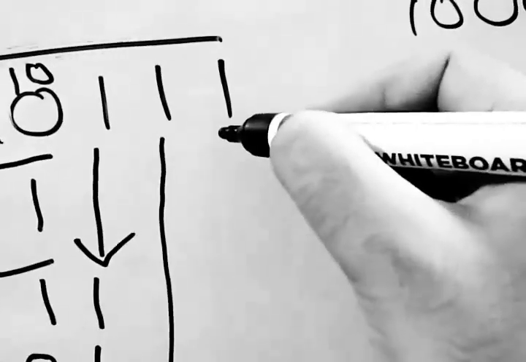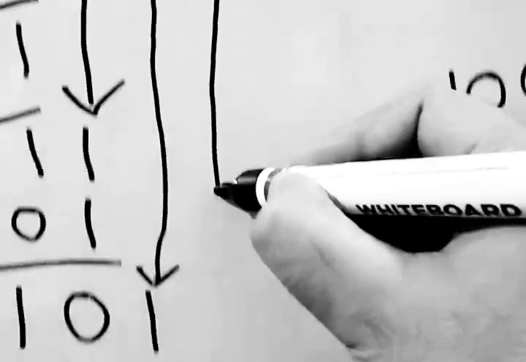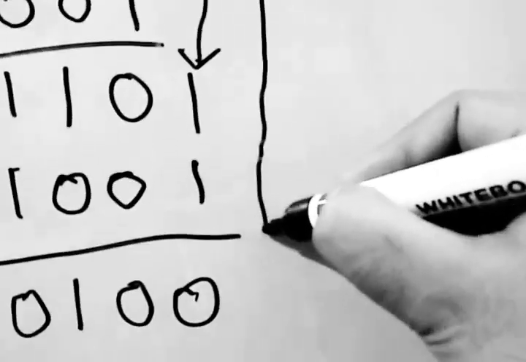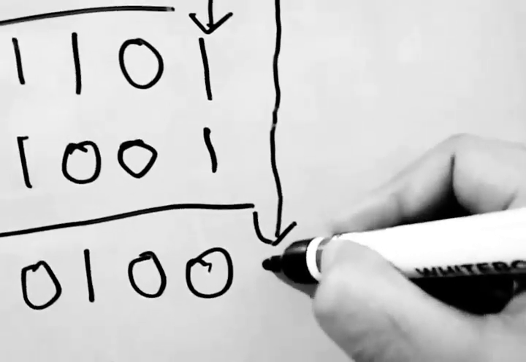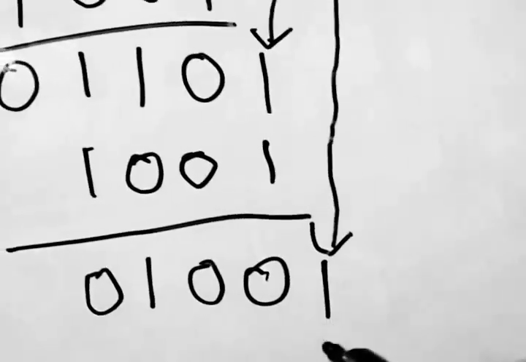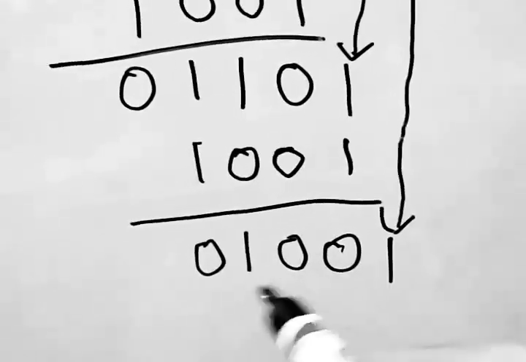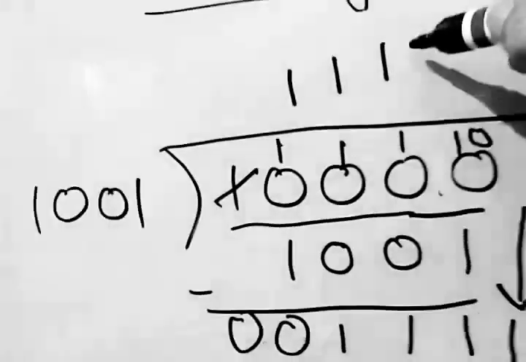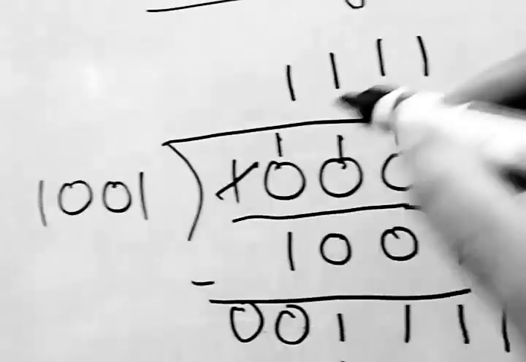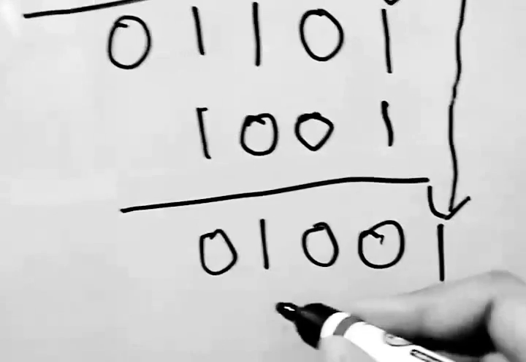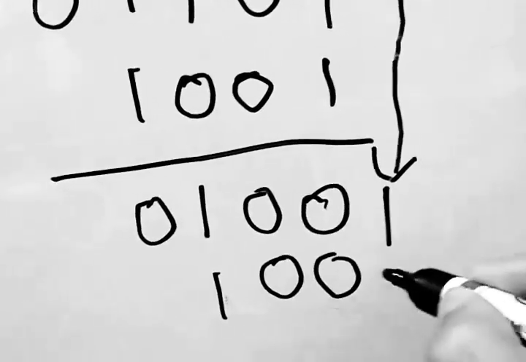Again the 1 of the dividend will fall and add behind the current remainder we have got, 1001. Now you can see that this 1001 and this 1001 are equal. So just by multiplying this with 1, 1001 into 1 gives 1001.